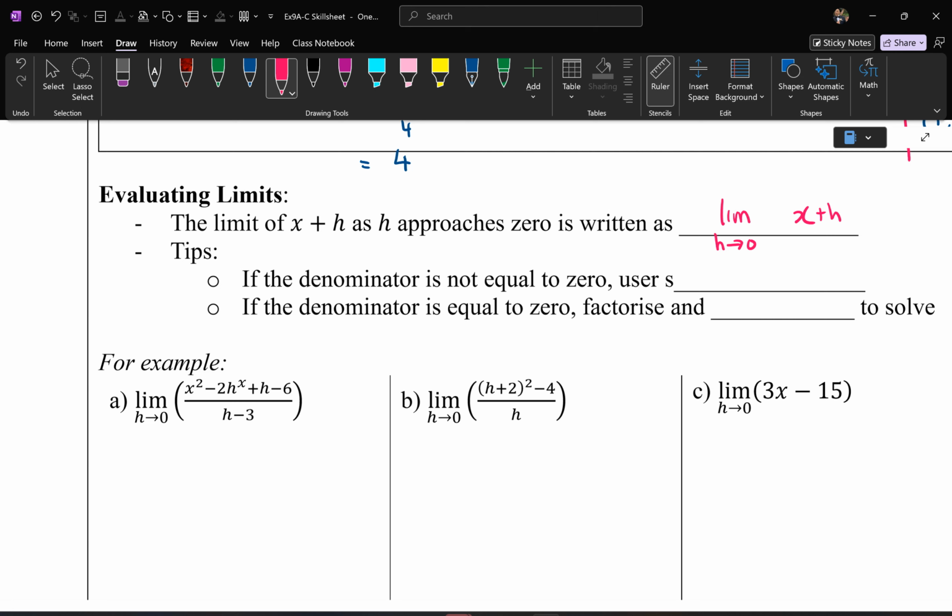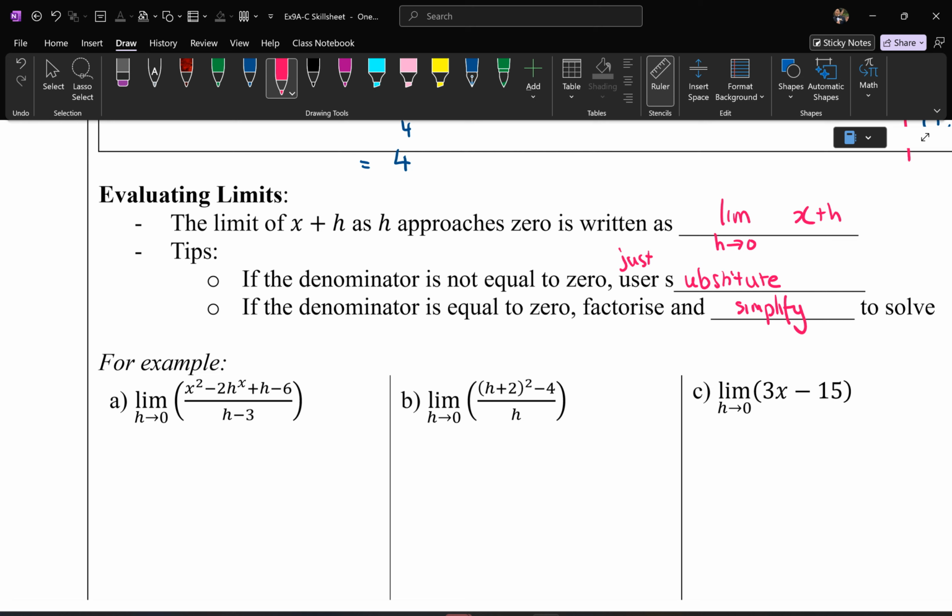I think that's meant to say, if the denominator is equal to 0, factorize and simplify to solve. But if the denominator is not equal to 0, I'm not sure what I meant by 'user' there. I think I meant to say use substitution. Oh, it's probably just substitute. Might have done a typo there.